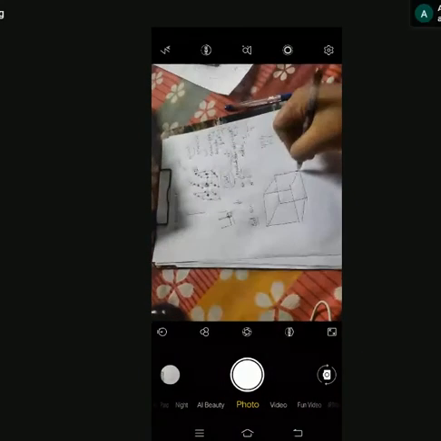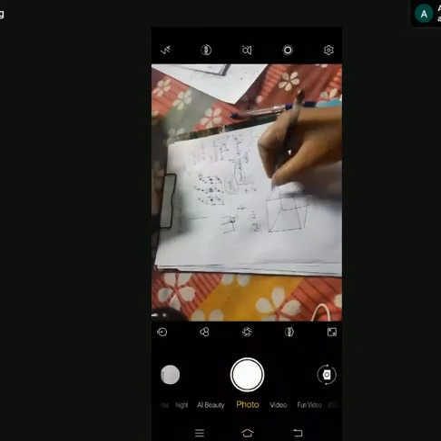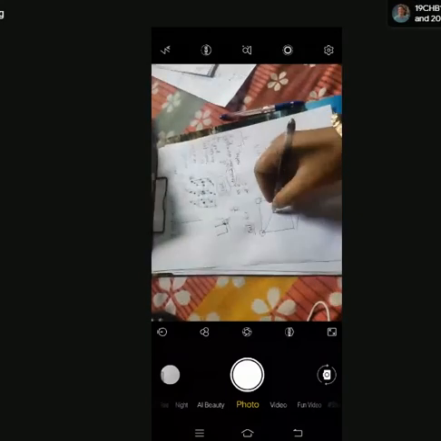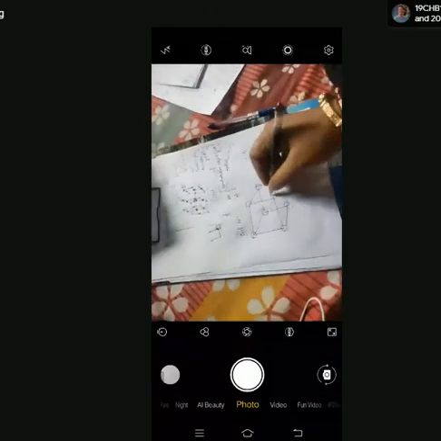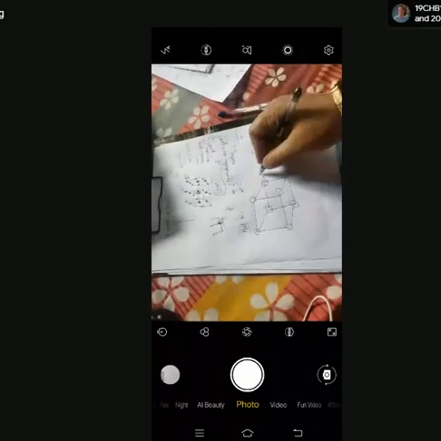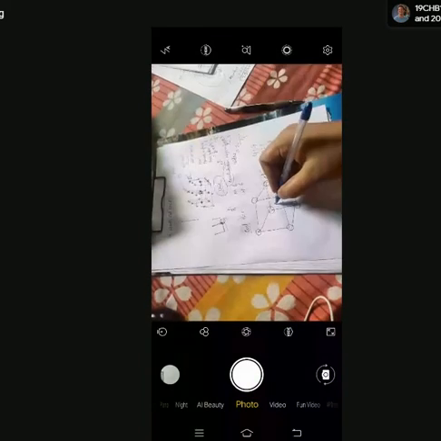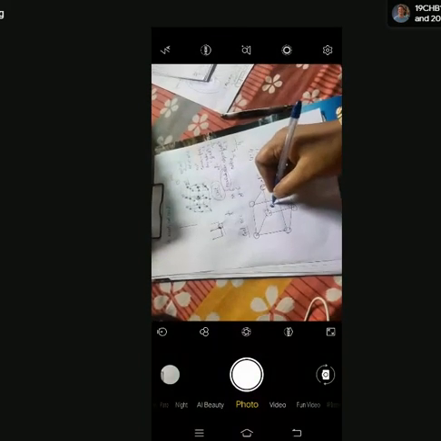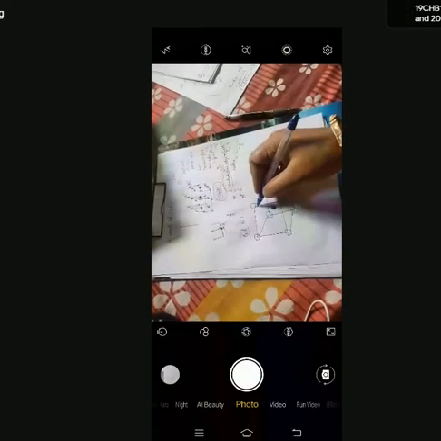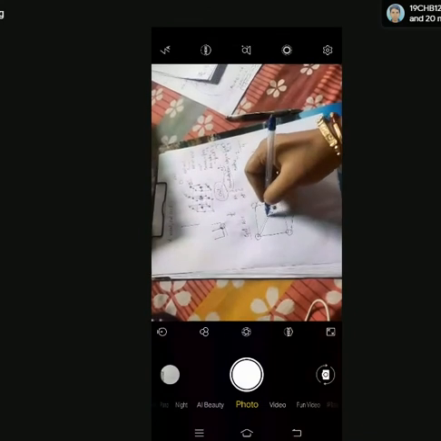If this is CsCl, the Cl- is at the corners like this. At the corners, this is Cl-, and there is only a single Cs+ ion at the center.